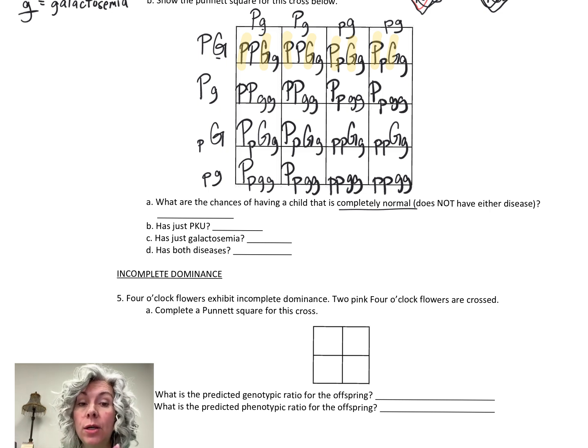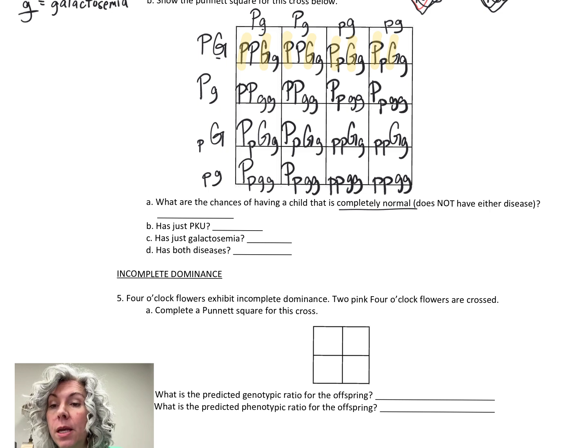So I'm not going to highlight those because it says completely normal. Does not have either disease. Whoops, I'm in the highlighter realm again. I'm getting my tools mixed up here. Pen. I needed the pen.